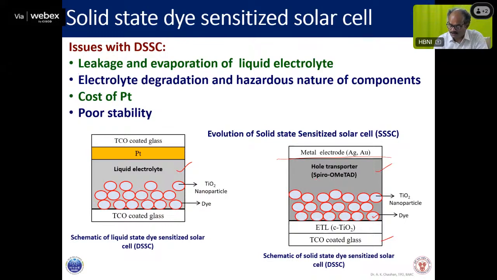It is called Spiro-OMeTAD, and it is very expensive, mostly imported, and has stability issues. Every batch gives you a different result. So when you change the liquid electrolyte to a solid one, it is called a solid state dye sensitized solar cell, SSC.